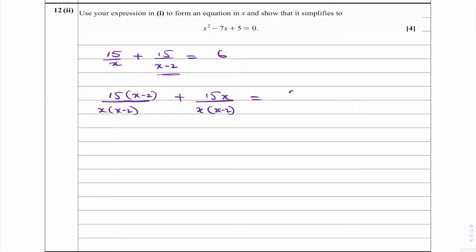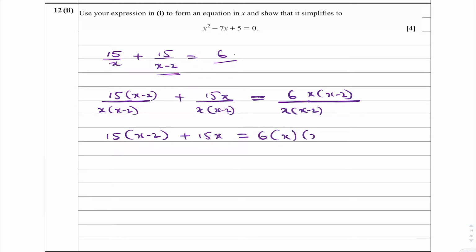Equals 6, but I haven't got x into bracket x minus 2, so I have to put that. So that's how I simplify it. Now the whole denominator is the same, so we can cancel them out because there's an equal sign. So just apply the numerators: 15 into bracket x minus 2 plus 15x equals 6 into bracket x and x minus 2.